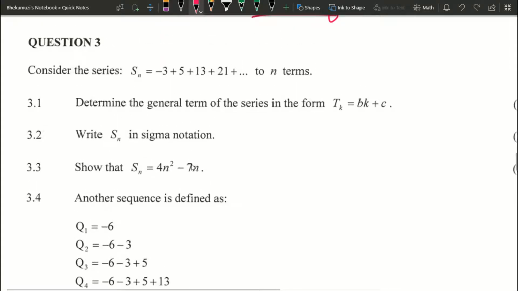Now question 3 is also continuing from there, and it says consider the series, and they give you a series where it starts from -3 plus 5 plus 13 plus 21 to n terms, right? And it says 3.1 as the question 3.1. It says determine the general term of the series in the form of t of k is equal to bk plus c.